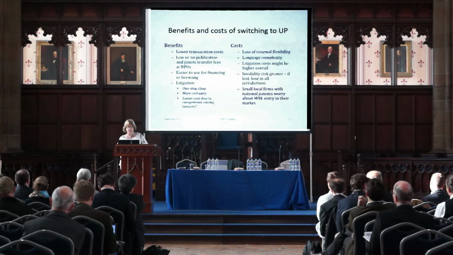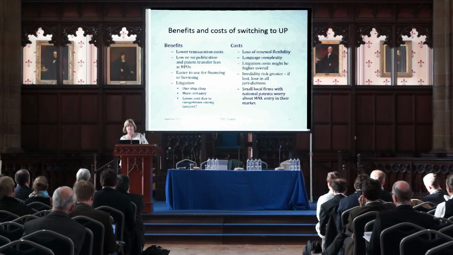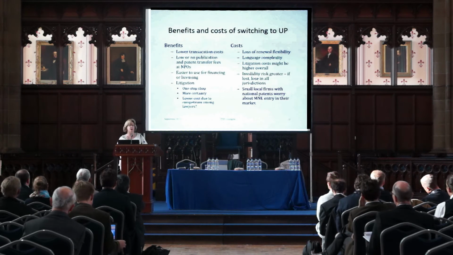A final thing, which I think is relevant, and when I show you the EPC results you'll see why. Small local firms expressed concern, as I recall particularly Swedish firms, meaning not firms from less developed countries, but firms from a highly developed country which is not among the top validated countries.